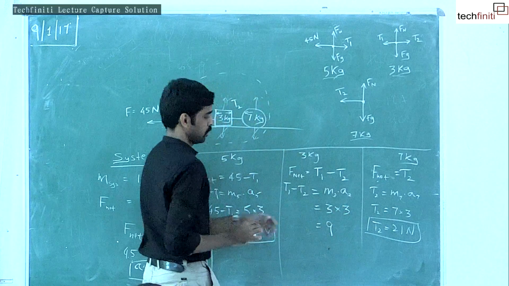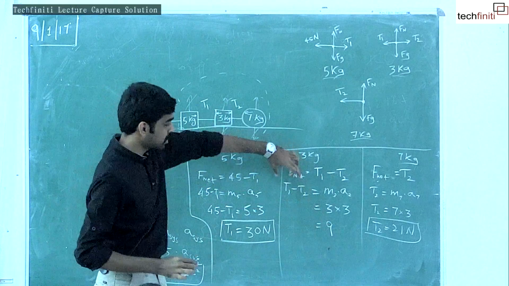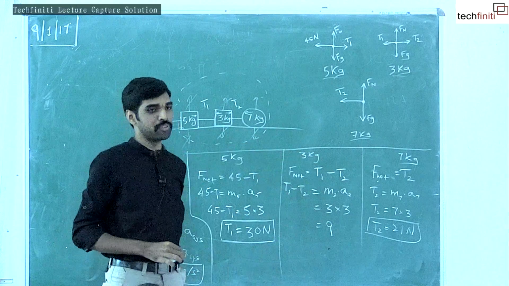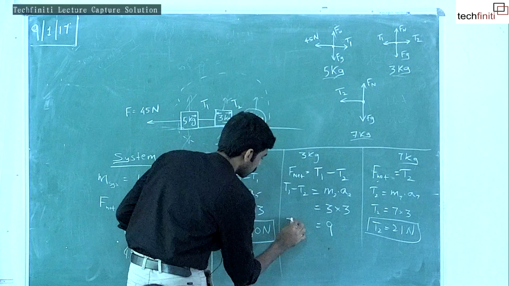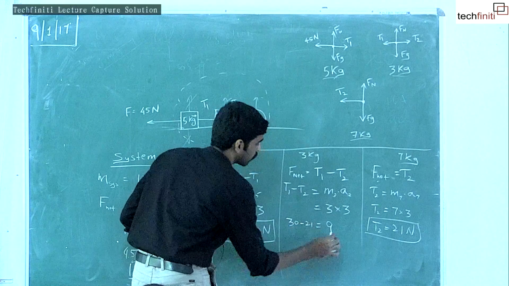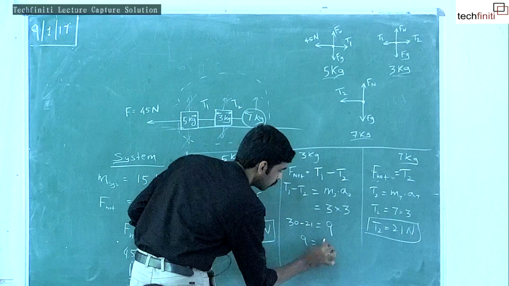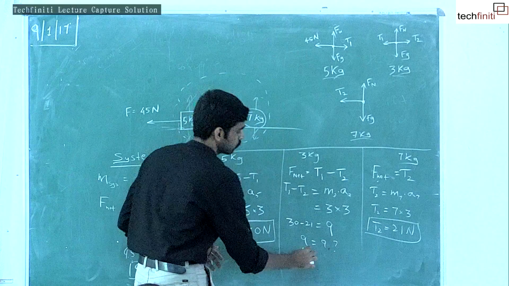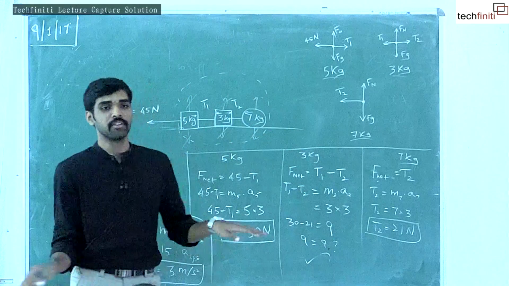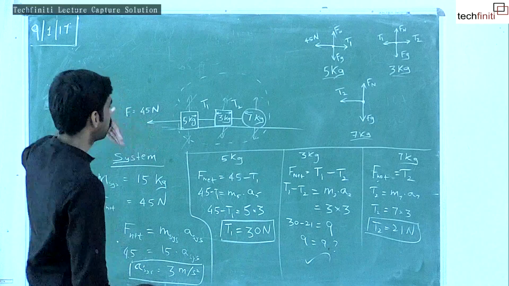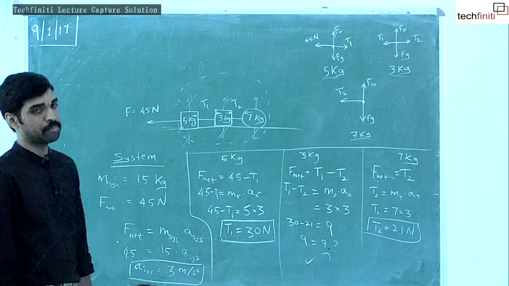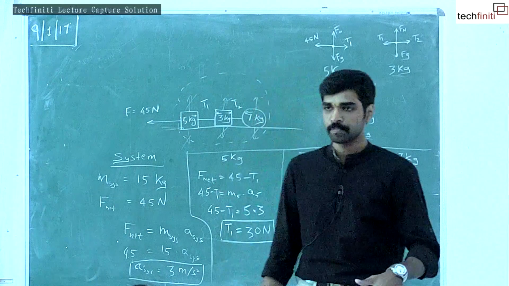That is 9. Correct? Now we will substitute the values of T1 and T2 which we have found out. It is 30 minus 21. Are they equal? So what we have found out is right. So this is how you have to solve this kind of problem, T1 and T2.